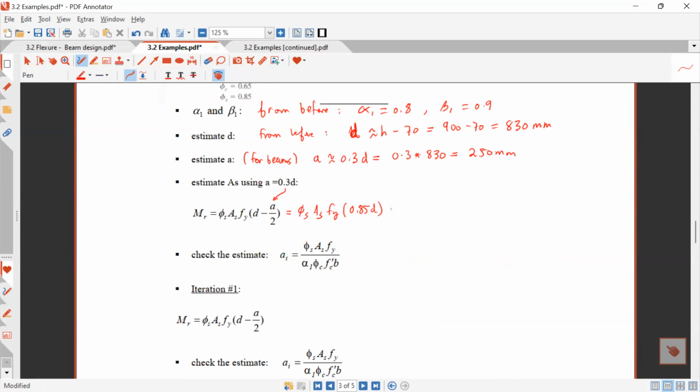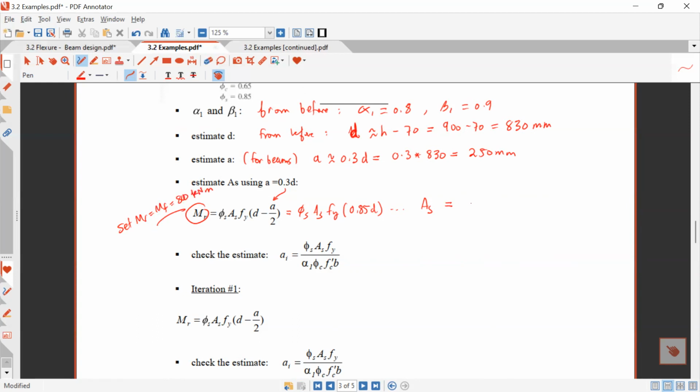Let's do this. I'm going to solve for AS, and here we set MR equal to MF, equal to 800 kilonewton meters.